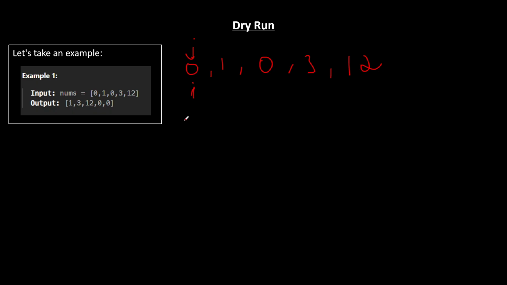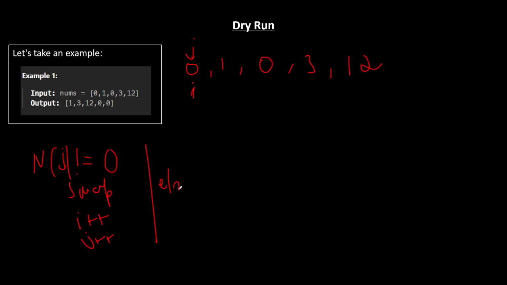But our condition says that if nums of j is not equal to 0, swap, then i plus plus and j plus plus, right?